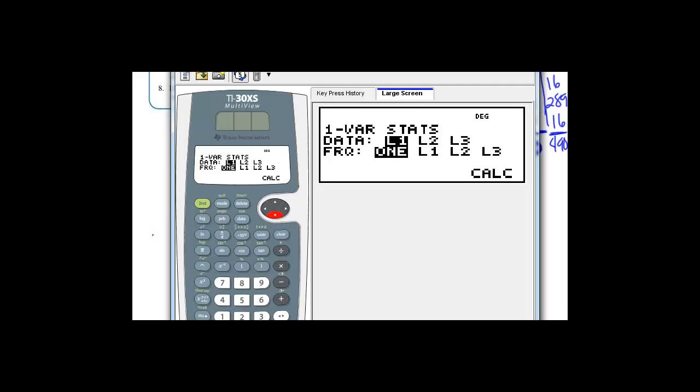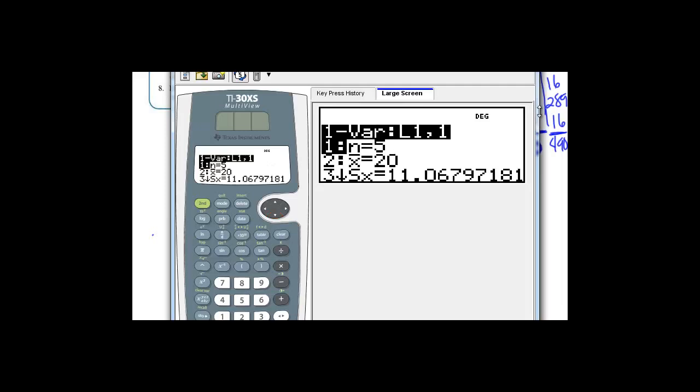So we're going to go even down one more to calculate, press enter. And then you're provided with a long, nice list of some interesting figures that the calculator has gathered from your list. First of all, number of pieces of data was 5. Our mean we already calculated and said was 20. Here's our standard deviation of 11.1 approximately.